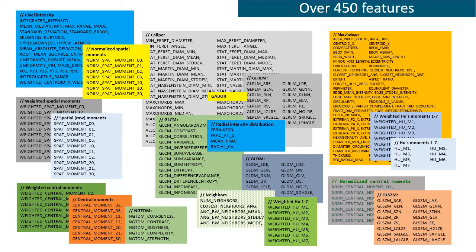Attempting to reach the performance of deep feature extraction and match other classical feature extractors, we implemented over 450 features: intensity statistics, image moments, texture features, morphology, radial distributions, bandpass filters, including Gabor, etc. All these features are runtime optional, meaning the user can selectively choose any features she wants to have in the output.